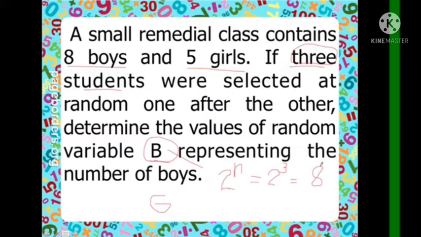So, may probability na 3 boys ang makukuha ko. May probability din na 2 boys ang makukuha ko at 1 girl. May probability na 1 boy at 2 girls ang makukuha ko. At meron din probability na wala akong makukuha boy sapagkat yung 3 makukuha kong estudyante ay puro babae. Okay, because we have a total of 5 girls, so possible na makabunot ako ng 3 babae.